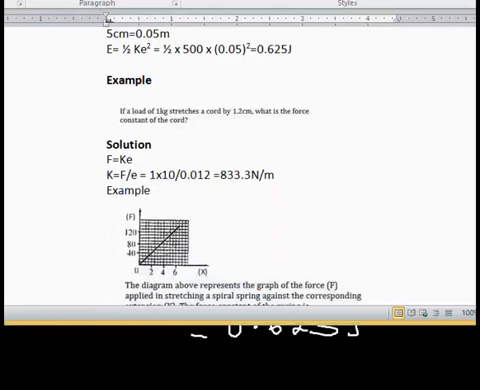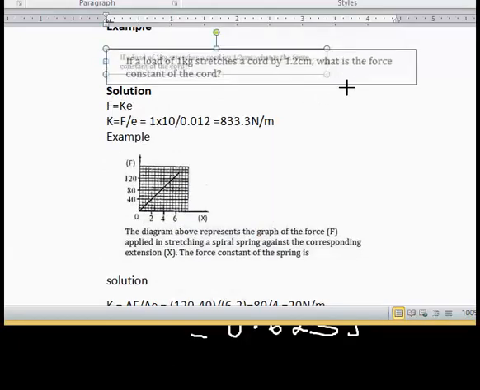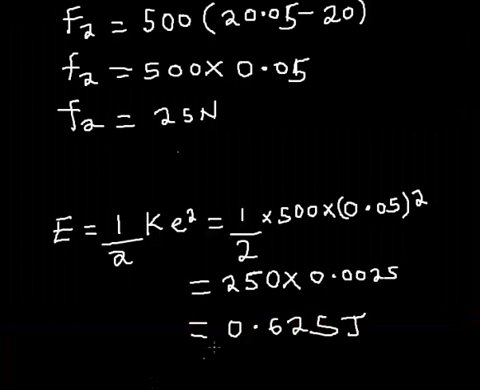Let's look at another question. Okay, so this one goes this way. If a load of 1 kg stretches a cord by 1.2 cm, what is the force constant? As simple as ABC, we just apply the Hooke's law formula, F is equal to KE.